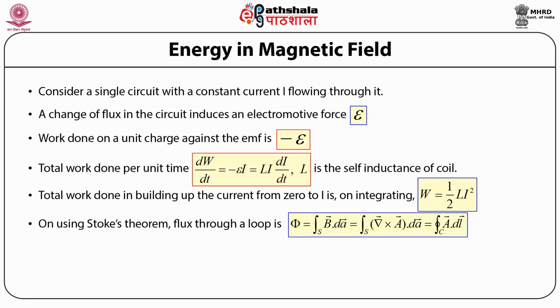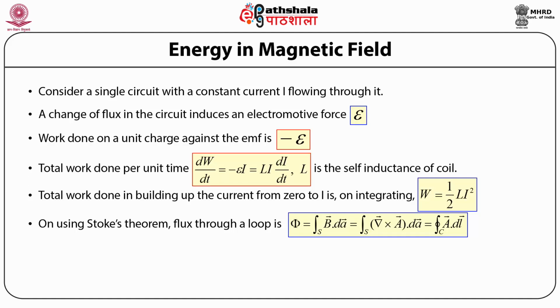Then using the Stokes theorem, we can convert this surface integral into a line integral. But before we do that, we will use the definition of the magnetic field induction vector in terms of the vector potential. So if A vector is the vector potential, then the magnetic field induction vector B can be written as the curl of the vector potential A.